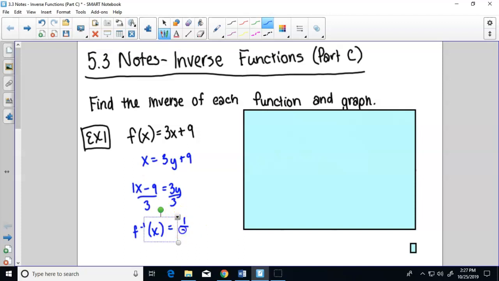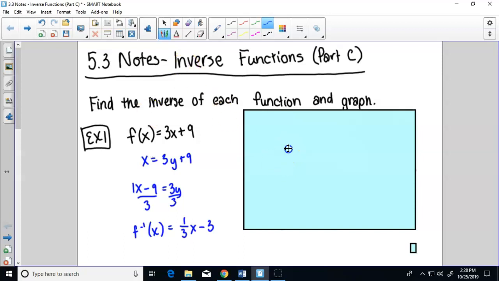So I'm going to do 1/3 x minus 3, instead of leaving it x minus 9 over 3, which you can do that way also, but I'm going to do it this way because there's something I want you to notice whenever we get done with these.